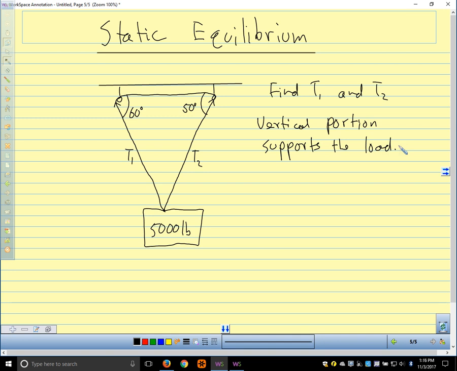So whatever the vertical portions of the tension are, that's what's supporting the weight, the part that goes up and down. The horizontal components, because this thing isn't moving side to side, that's what static means, that's what equilibrium means, the two horizontal pieces have to equal each other. Otherwise it would be moving.